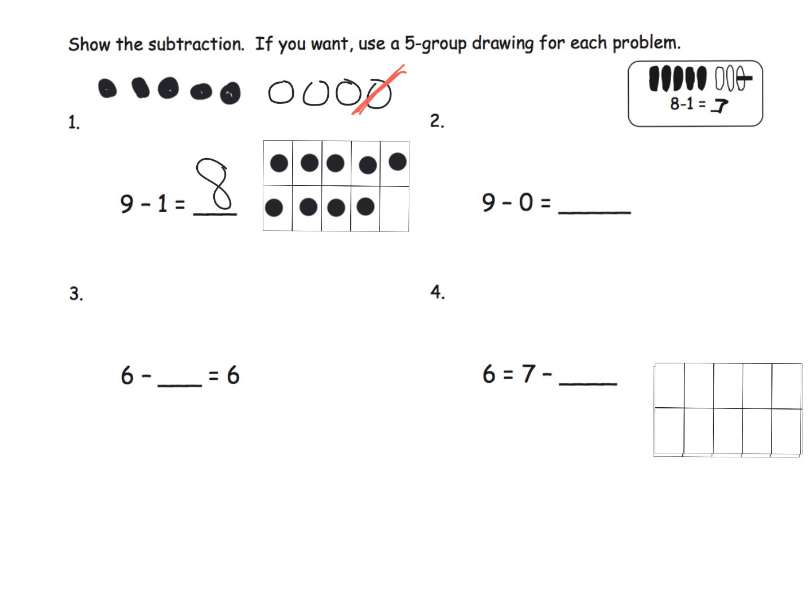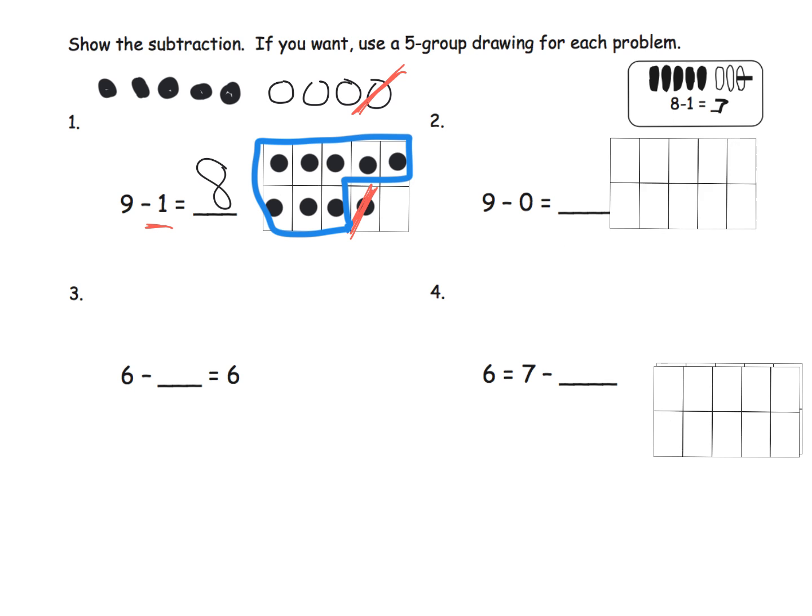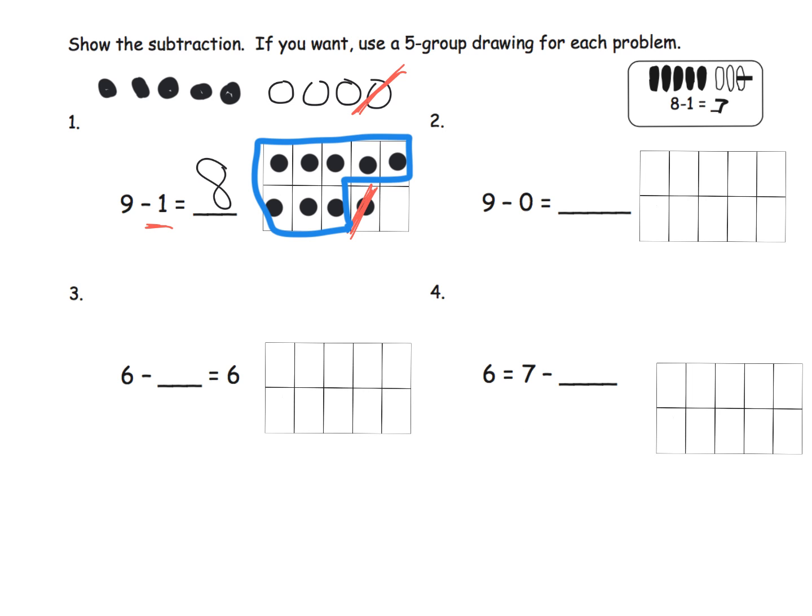Just like in the other method, you cross off 1 because it says subtract 1, so I'm going to cross off 1, and that leaves us with 8 left over. They are using the bracelets and these little 5-group dots, but I just prefer the 10 frame. So I think the first thing I would do is hand out little 10 frames to each of my students and let them model.